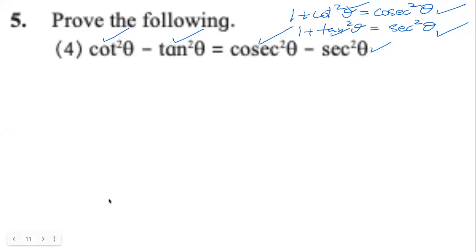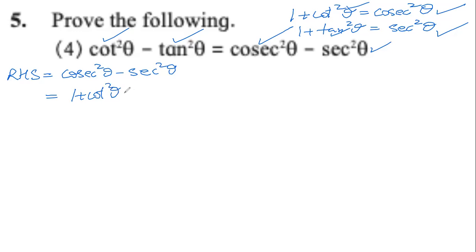Okay. I will do it my way. You will do it your way. So I will start from RHS. It is cosec square theta minus sec square theta. I know cosec square theta is 1 plus cot square theta. Sec square theta is 1 plus tan square theta.